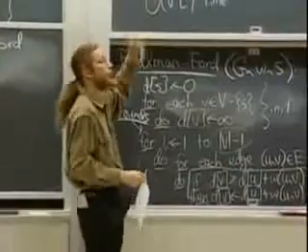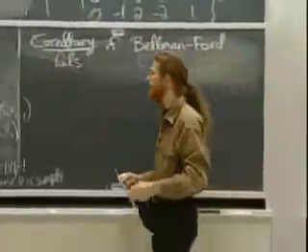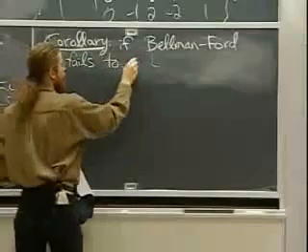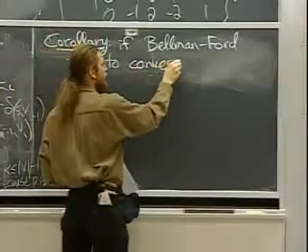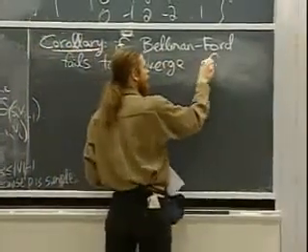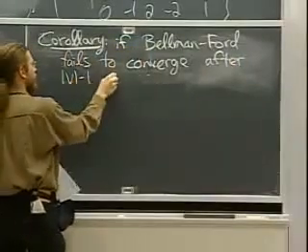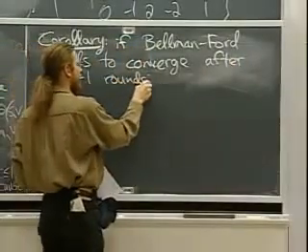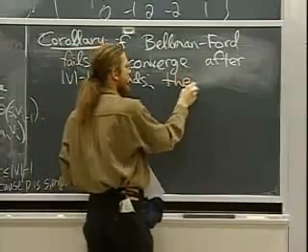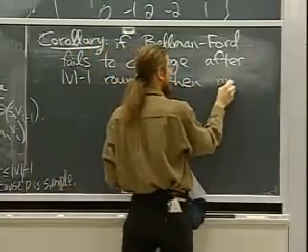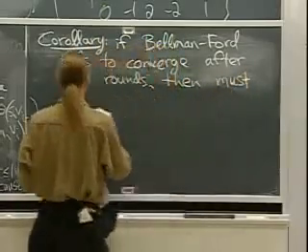The end of the algorithm is run another round, a vth round, see whether anything changes. So we'll say that the algorithm fails to converge after v minus 1 steps, or rounds. Then there has to be a negative weight cycle.